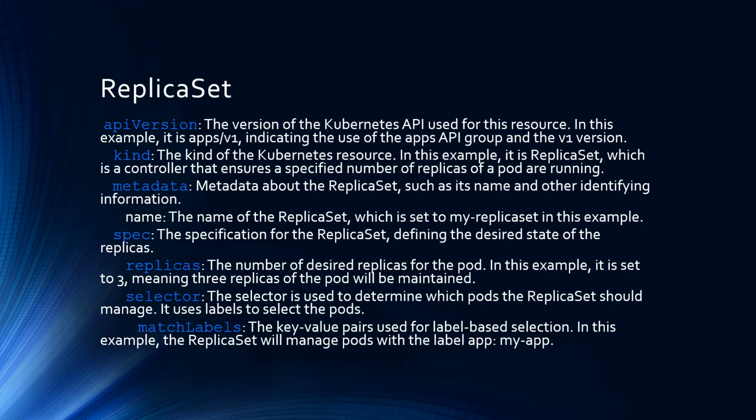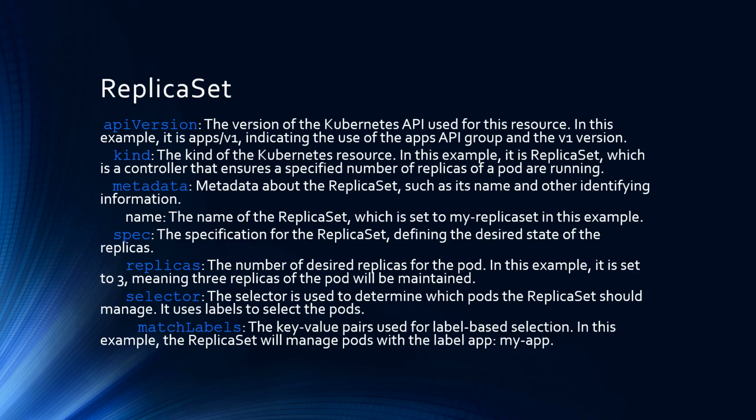The metadata section, while simple in our example, can be extended with labels and annotations for better organization and integration with other tools in your DevOps pipeline. For instance, you might add labels for environment tracking or annotations for deployment automation tools.